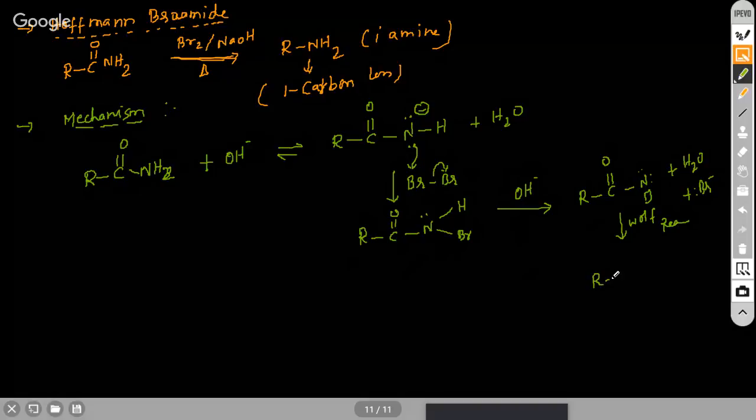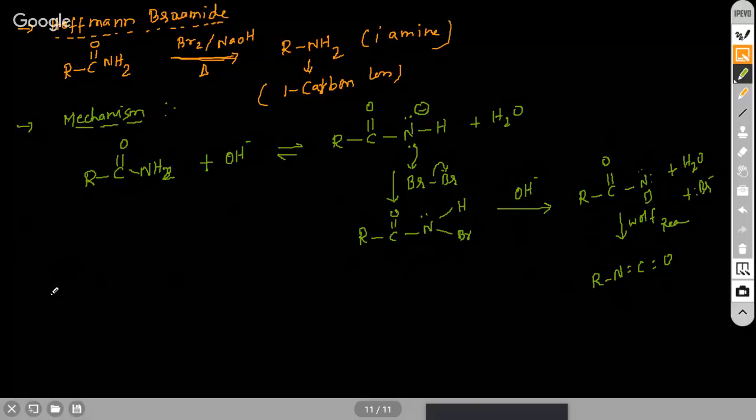So it gives you R N double bond C double bond O. This is what we get.